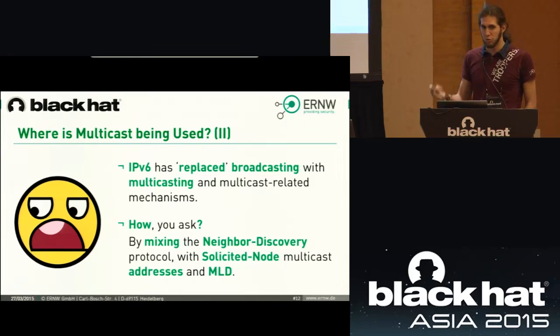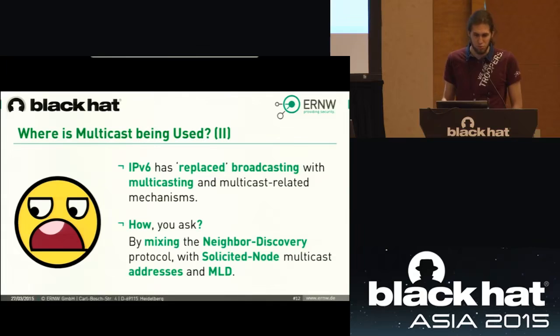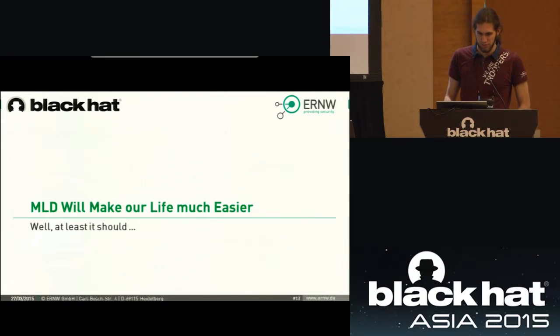Even the initial neighbor discovery and solicited-node discovery is managed over multicast addresses. And for these purposes, we have the Multicast Listener Discovery protocol to manage all kinds of multicast traffic in IPv6 in the local link. So, MLD should make our life much easier, or at least if we understand how MLD works.